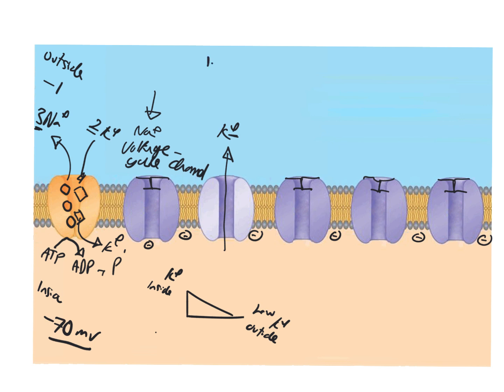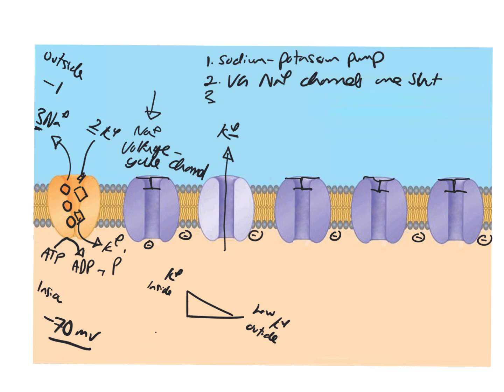Number 1 is the sodium potassium pump. In addition to that, we have the fact that your voltage gated sodium channels are shut. Your voltage gated potassium channels are open.